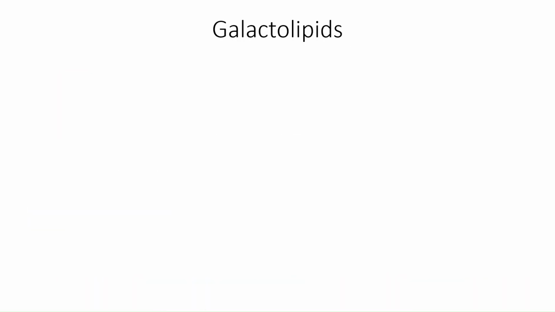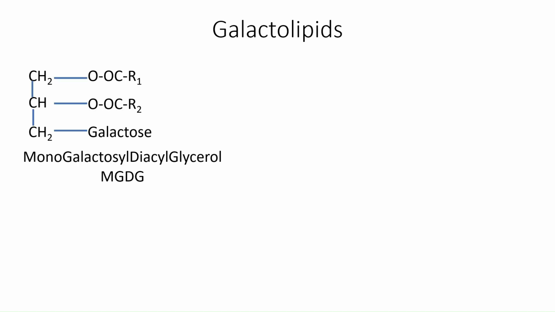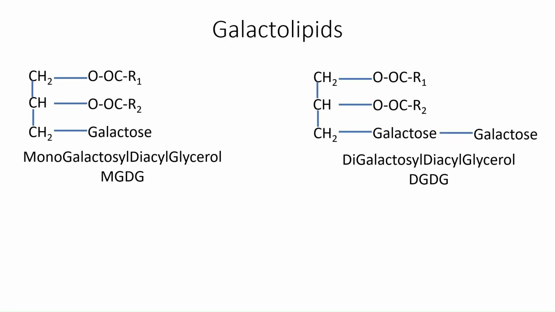Now, moving on to glycolipids, the first of which are the galactolipids. In this type of lipid, the third alkyl chain is replaced by galactose. It can be a single galactose molecule, which will give rise to monogalactosyl diacylglycerol, or it can be two galactose residues, which will convert it to digalactosyl diacylglycerol.